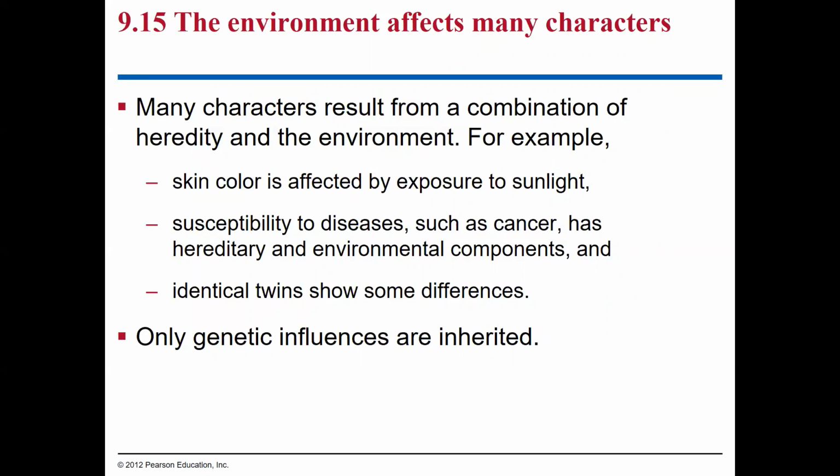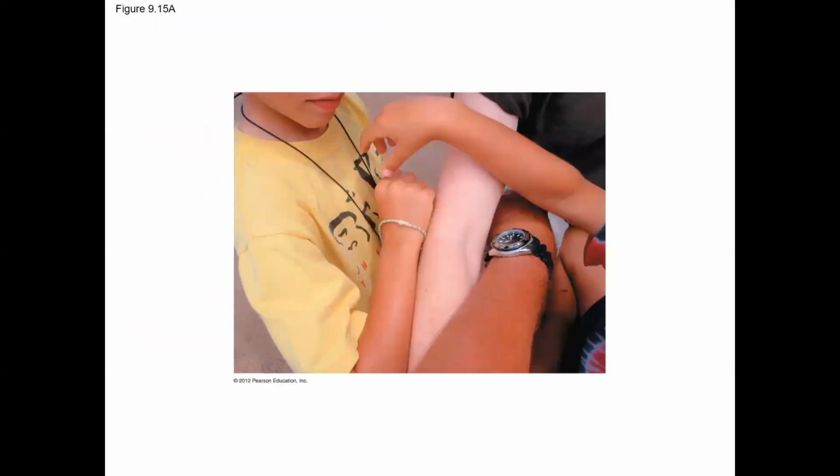And then sometimes identical twins can show some differences, where if they are raised in or prefer different environments, they can actually start to show some differences. So only genetic influences are inherited, but the environment can affect your phenotypes to a degree.